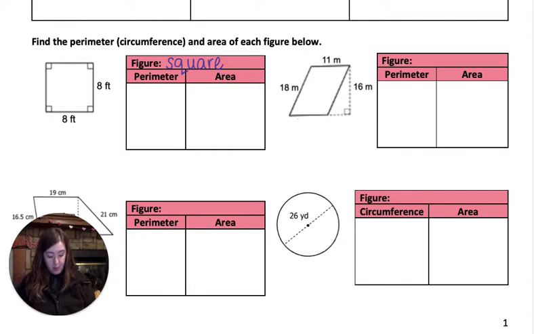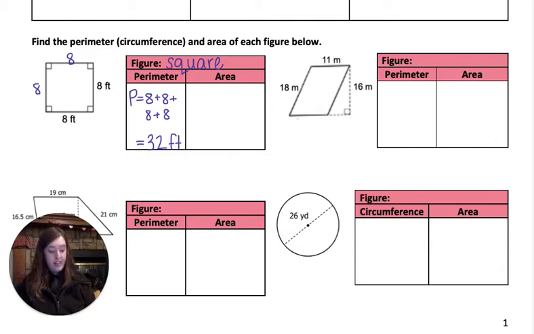So to find the perimeter, we are going to add up all of those sides. So we know all of these sides are 8. So I'm going to take 8 plus 8 plus 8 plus 8. You can also take 4 times 8, however you want to work that out. Either way, we're going to end up with 32 feet.